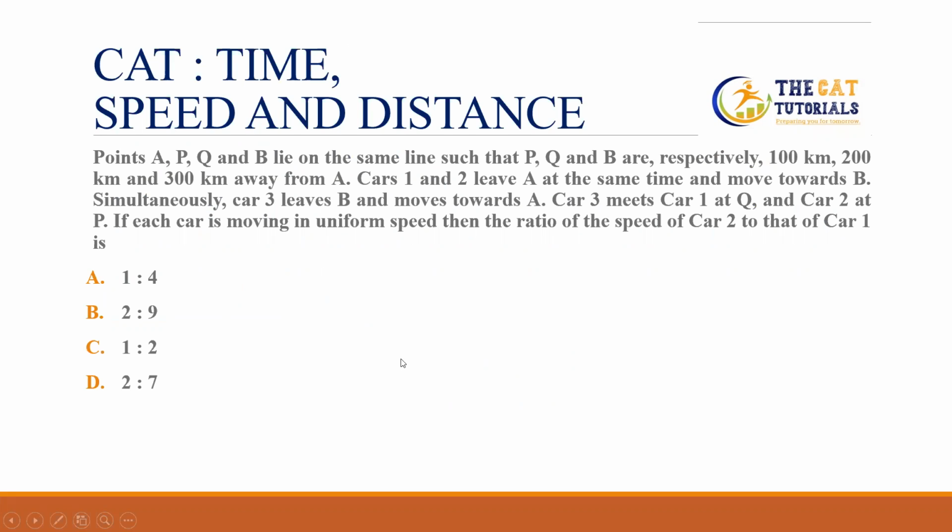Points A, P, Q, and B lie on the same line such that P, Q, and B are respectively 100 kilometers, 200 kilometers, and 300 kilometers away from A. Car 1 and car 2 leave A at the same time and move towards B. Simultaneously, car 3 leaves B and moves towards A. Car 3 meets car 1 at Q and car 2 at P. If each car is moving at uniform speed, then the ratio of the speed of car 2 to that of car 1 is?